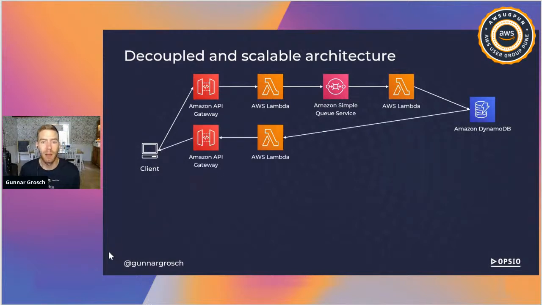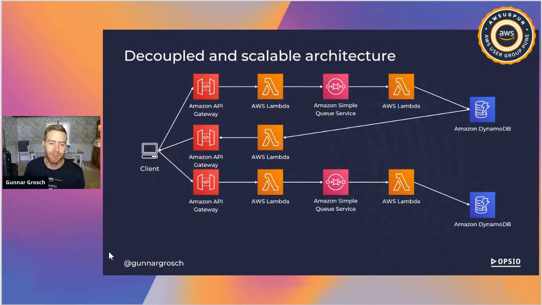And when the client gets data, that works in the same way as before. We're doing a GET request to the HTTP API, the Lambda function invokes and then gets data from DynamoDB. The same thing applies when we're rating items.